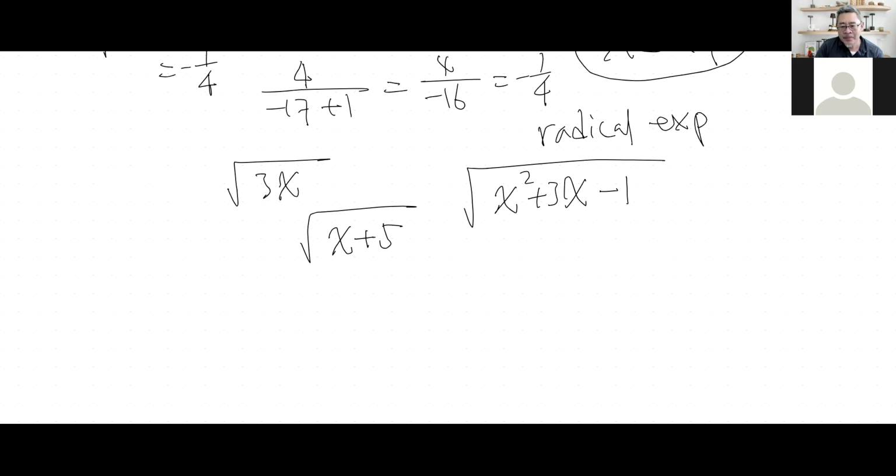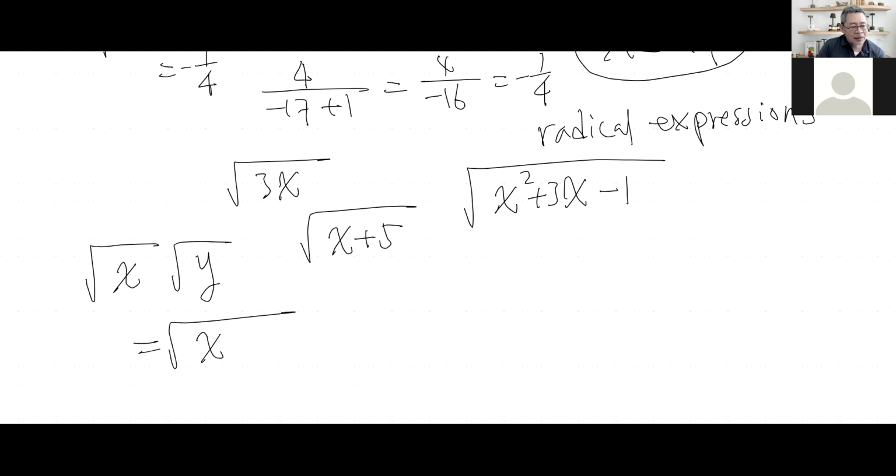One of the things about radicals is we got a couple rules. Rule 1: if we got radicals like that, then we can combine them and put them both inside one radical. And rule 2: if you have something like this, that's the same as we do this.